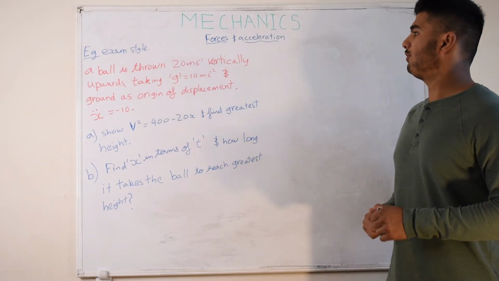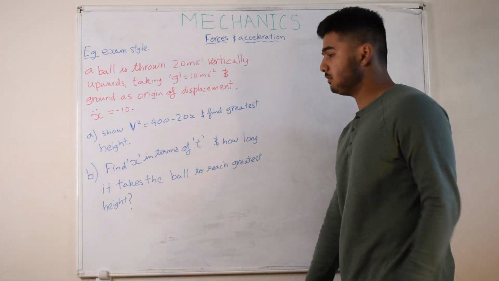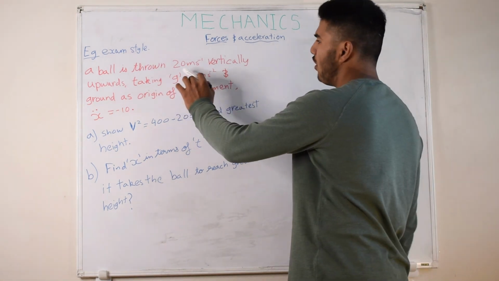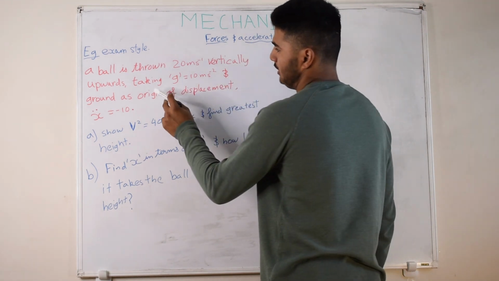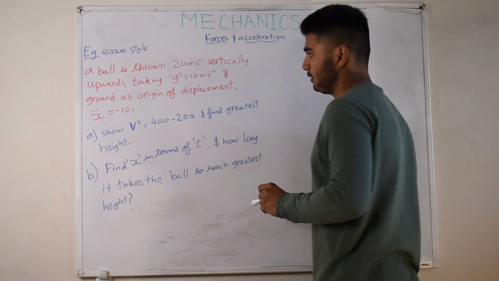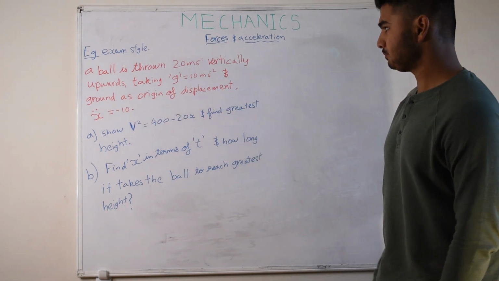So looking at this final example, in the subtopic of forces and acceleration, we have an exam style question. It says, a ball is thrown 20 meters per second vertically upwards, taking g, gravitational force, as 10 meters per second squared, and ground as origin of displacement.